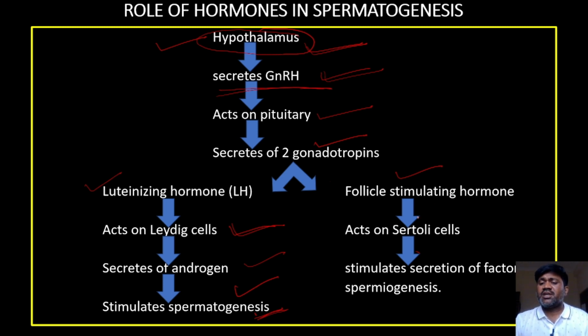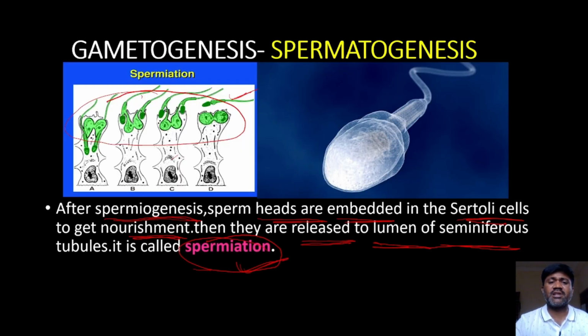Let us try to understand the FSH function. FSH acts on the Sertoli cells, and these Sertoli cells secrete some factors which help in spermiogenesis. In the previous slide we already observed that sperm cells keep their heads in the Sertoli cells and get matured and nourished by food. After maturation, they are released into the lumen of the seminiferous tubule, the spermiation process.